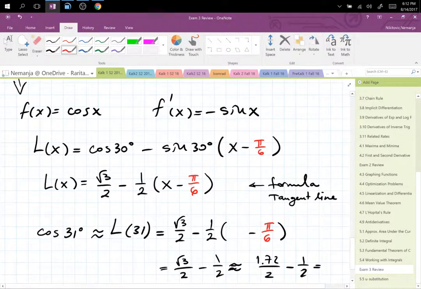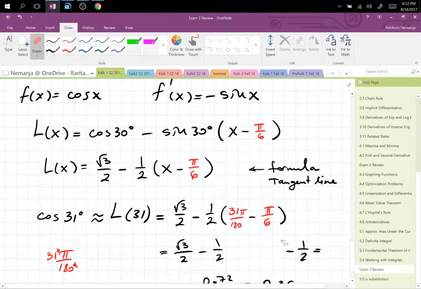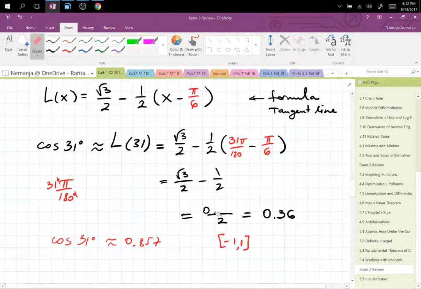And the 31 that I need to plug in also needs to be converted to radians. Now the conversion factor to radians is pi over 180 degrees. So this is going to be 31 degrees, and then degrees and degrees will cancel. So what I have to plug in over here is 31 pi over 180. That's much better. So now the result has to be much better than what we had.